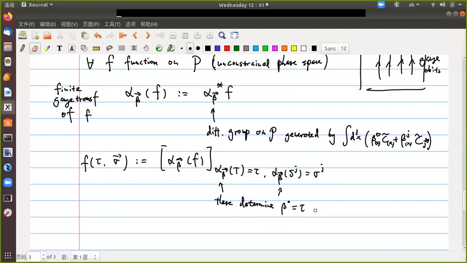So here beta^0(x) equals tau minus T(x), and the vector beta(x) equals sigma minus S(x).